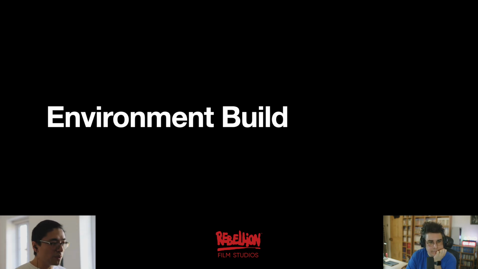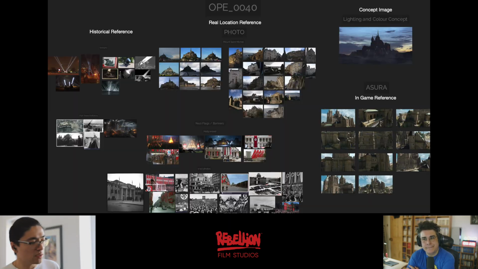So for the environment build, here is the example of when we started. We took one of the levels, which is already kind of semi-finished, if you like, through the game.